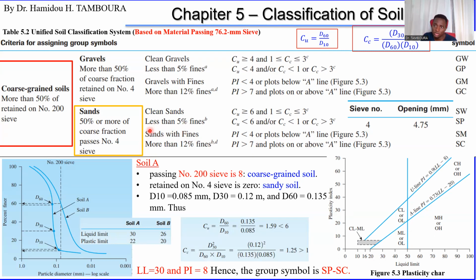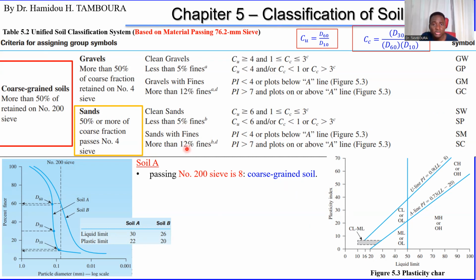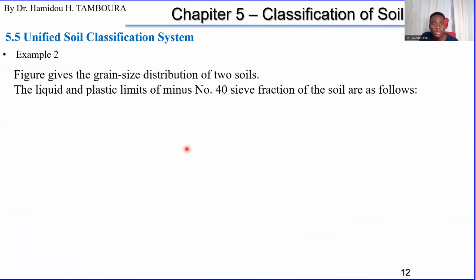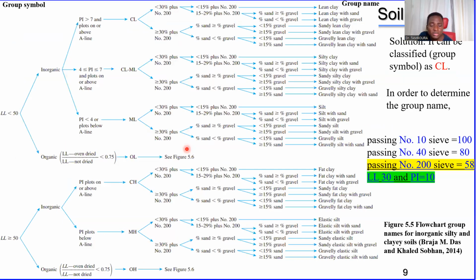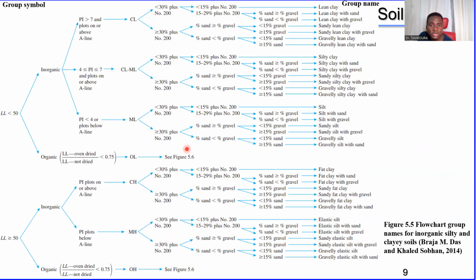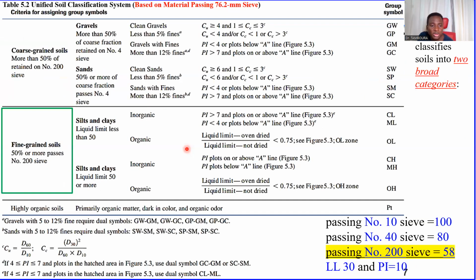And for that, the sieve number 200, what is passing is 8. And 8 is exactly between 5 and 12. So it means we have to do the double symbol. Let me go back a little bit to show you what I'm talking about. Okay, here.